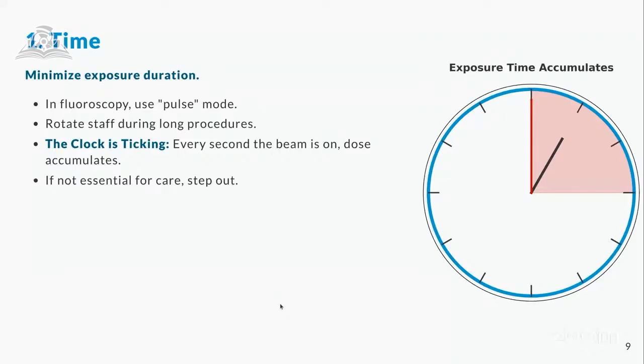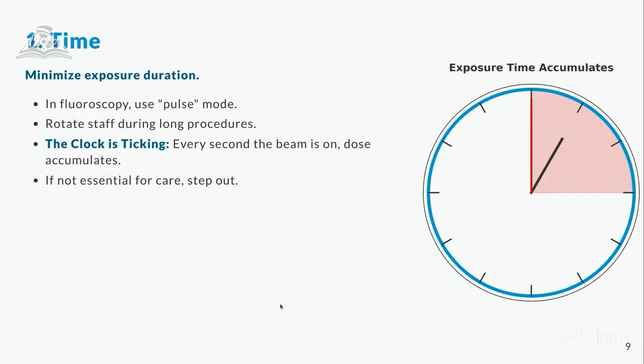For example, you get let's say 3 pulses per second. You will see 3 static pictures per second, and that would help you guide the operation. And that is much safer than having the radiation always on the whole time you are doing the procedure.